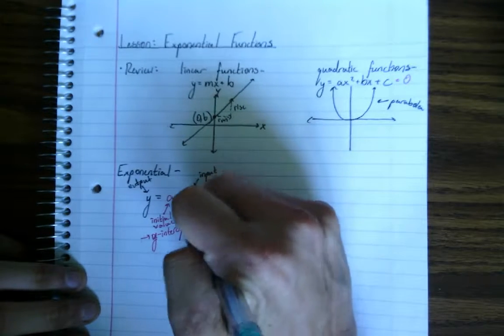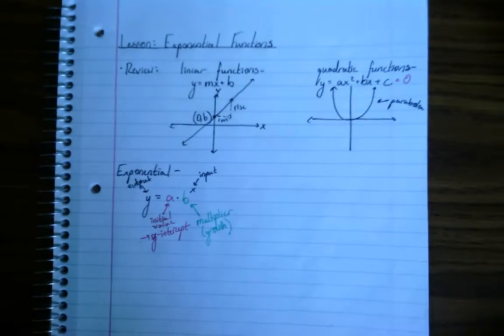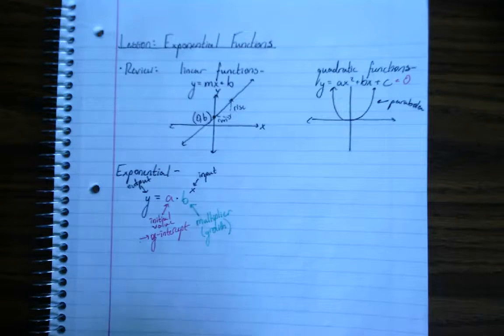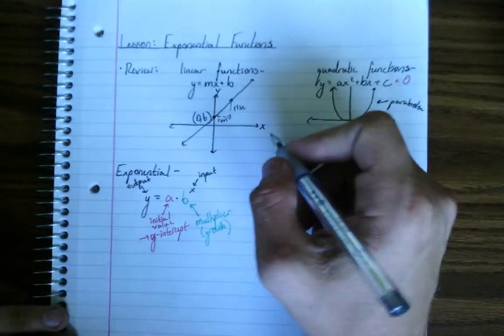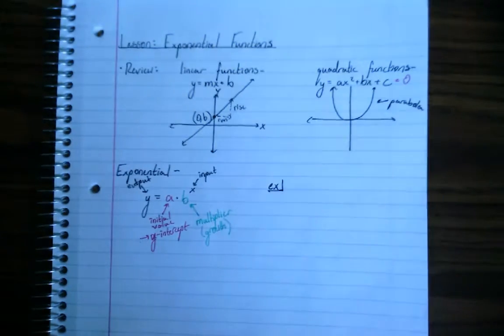It just tells us how our function grows. So this is the general form. We're going to do an example of plotting this to see what this function would look like, just see an example of what it would graph like.